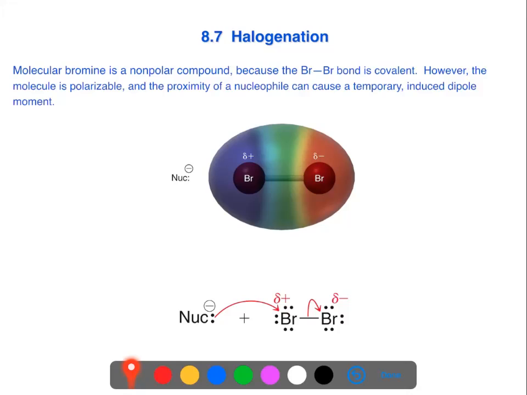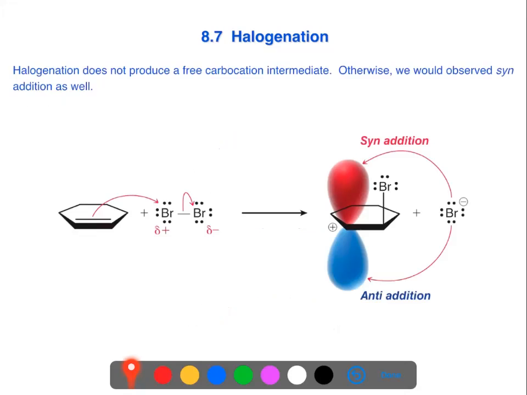Let's look at the specifics of this addition reaction in which a halogen interacts with the alkene. When a halogen like Br2 interacts with an alkene, we observe, as we mentioned, anti-addition.